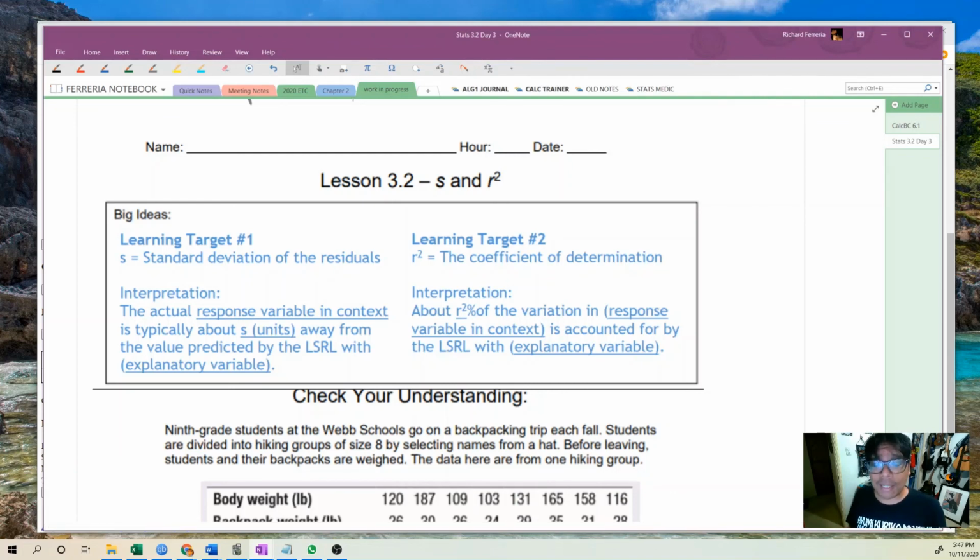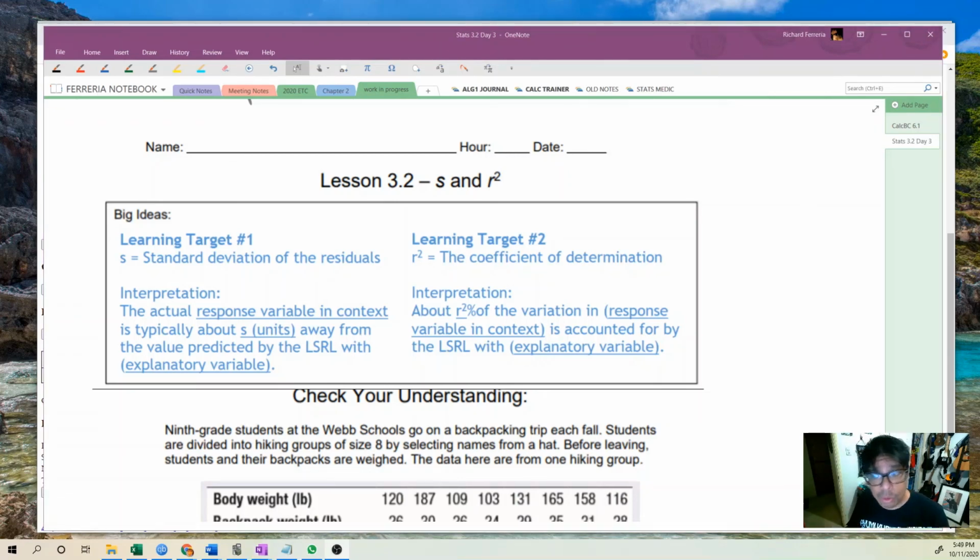And that's just a fancy way of saying this LSRL is about this percent better than just using the average.